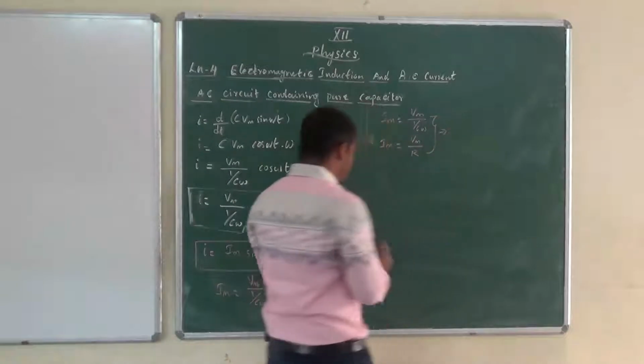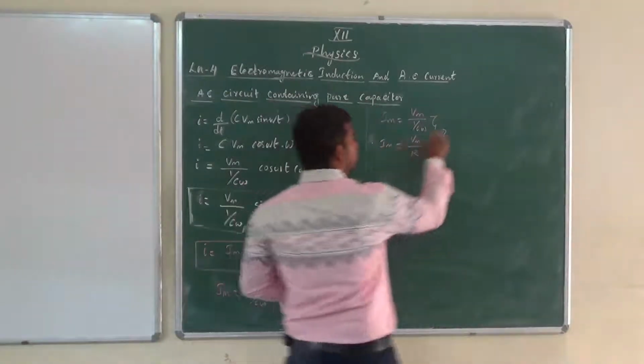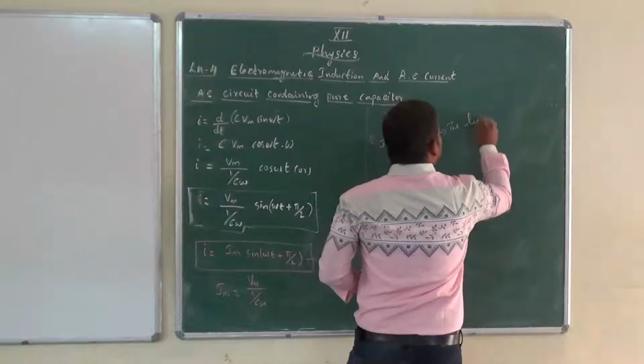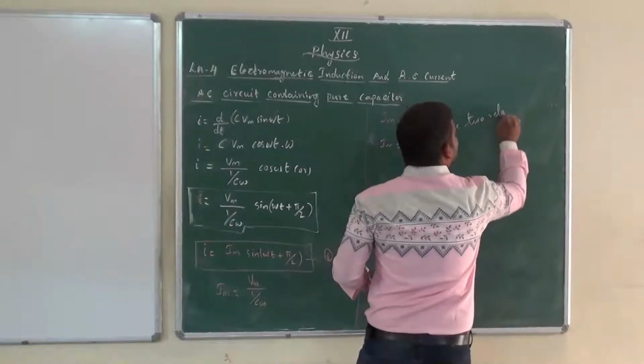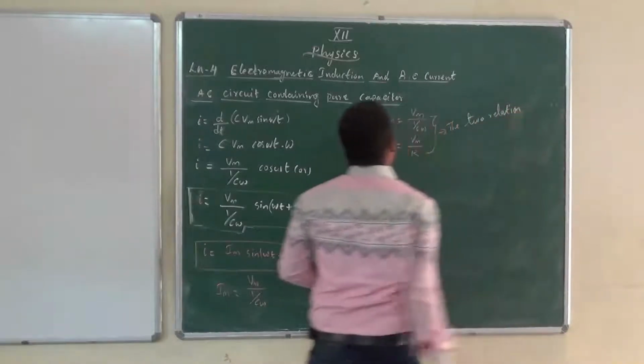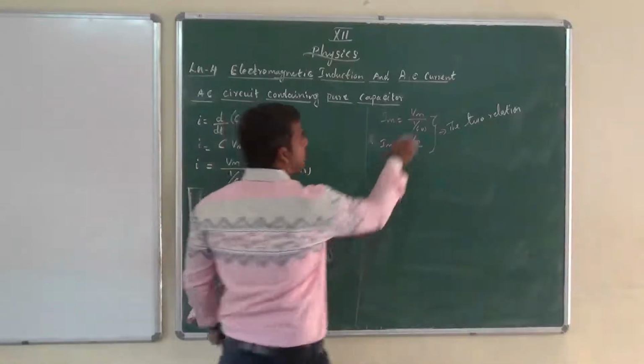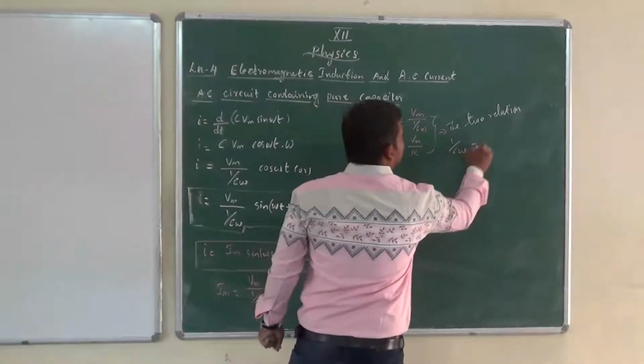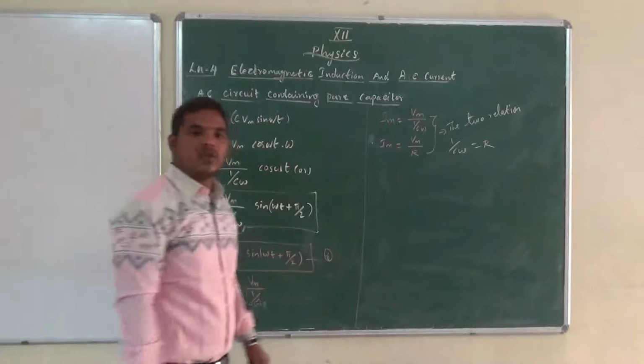The two equations, the two relations. What we have to observe: 1 by C omega is nothing but R. What is the meaning of 1 by C omega?